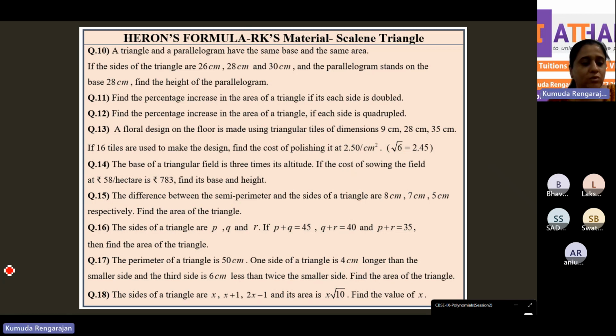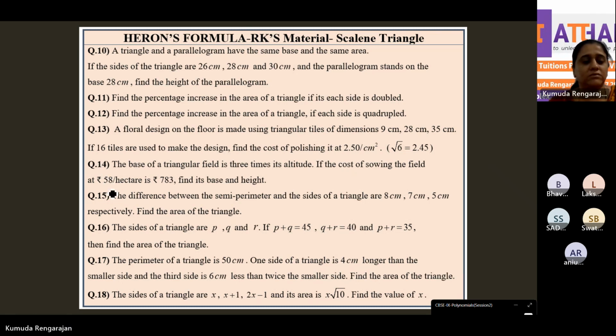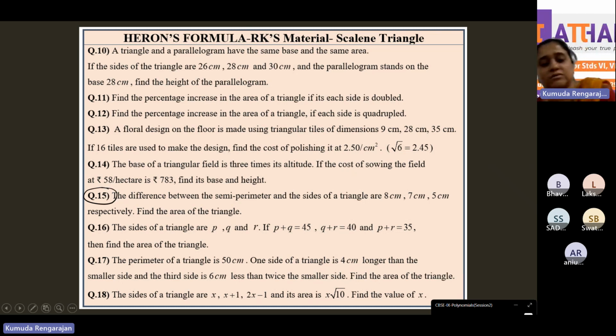Yeah. Now I want you to do the 15th one. Let's do this one first, see the answer, then take the next question. Or if you take down question number 15 and try it.